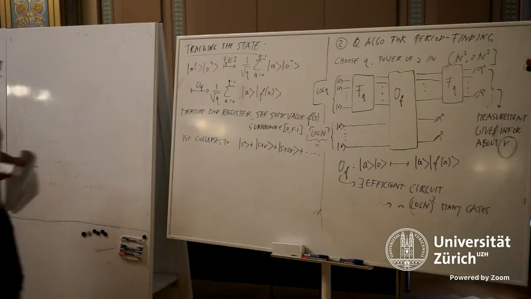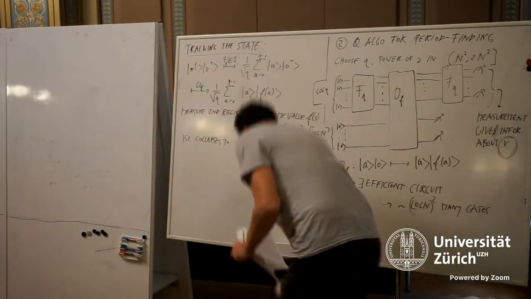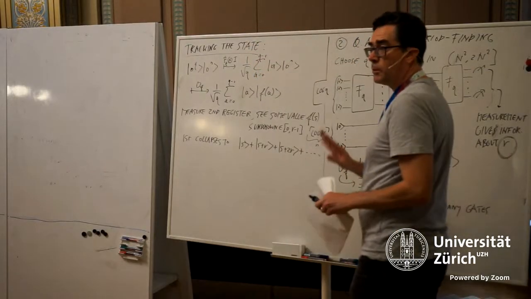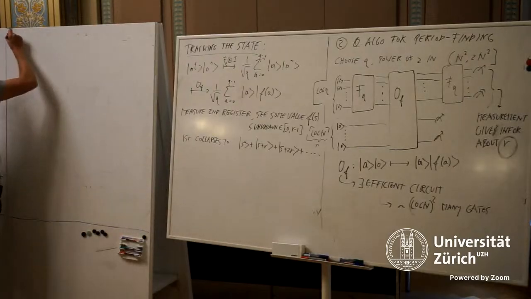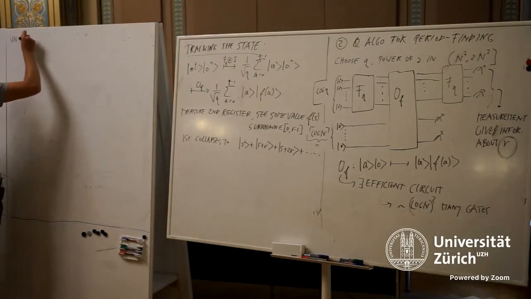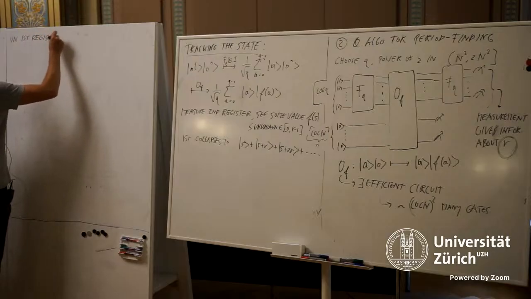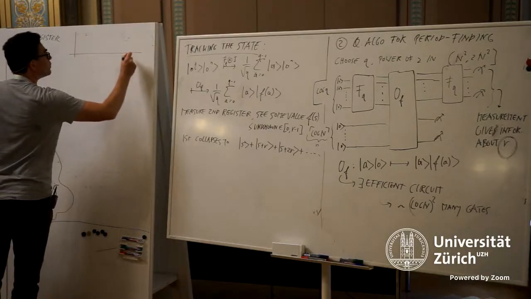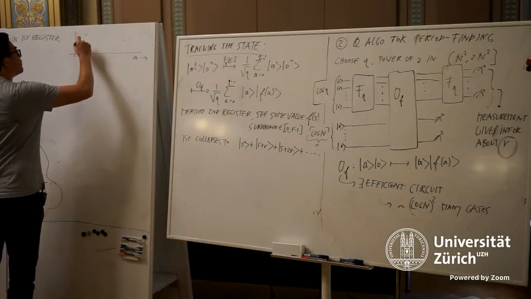So let me draw a picture of the basis states that we have left in our superposition of the first register at this point. The second register has served its purpose. We're not going to look at it anymore. So what we now have in the first register is something that looks like this. Here I'm going to plot the different values of A, and here I'm going to plot the amplitude.